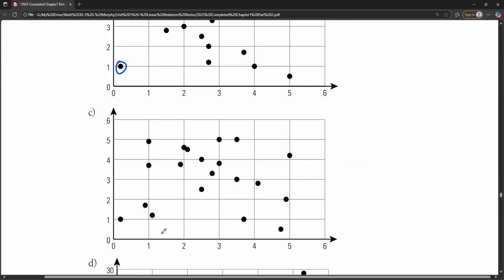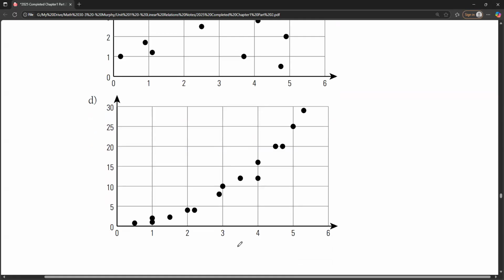Here's C. The points are all over the place. Is there really a correlation here, or is there nothing related between y and x? D, it looks like there's a correlation, but it doesn't look linear. Okay, we'll go to the next page.